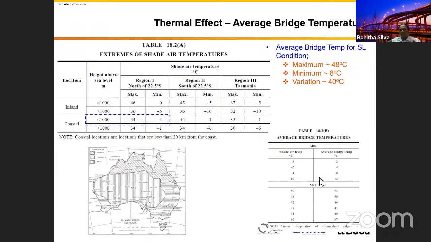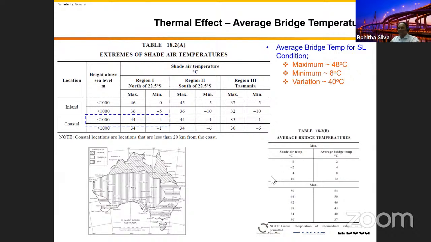So depending on the location, the region, or the value given to you, you can either calculate the maximum and minimum bridge temperatures, or else you can use the numbers specified in the contract or in the annexures.